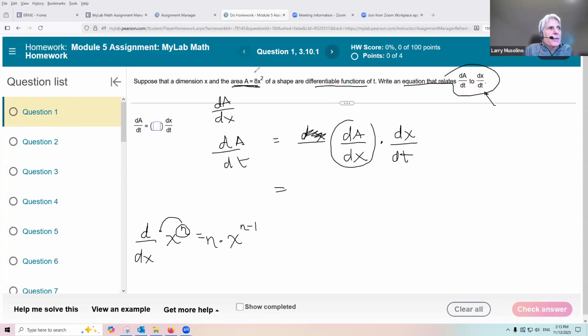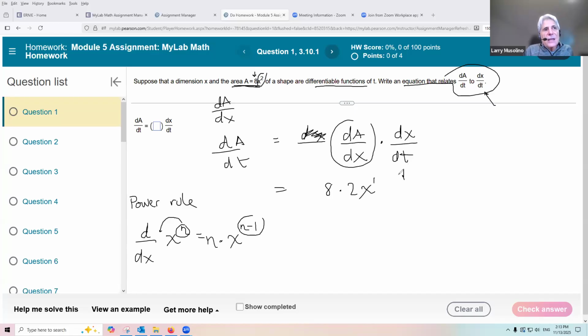So in our example, this 8 is a constant, so I'm just going to leave that alone. Now I'm going to take the derivative of x squared using this power rule. Well, that 2 comes down in front as a multiplier of x. The new exponent is 1 less than you started with. 2 subtract 1 is a 1, so the new exponent is 1.